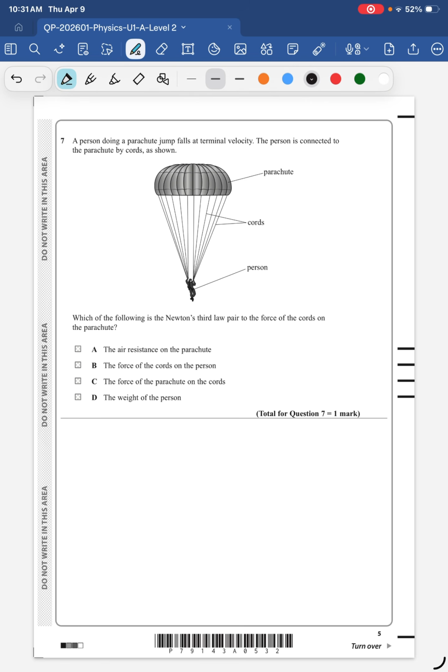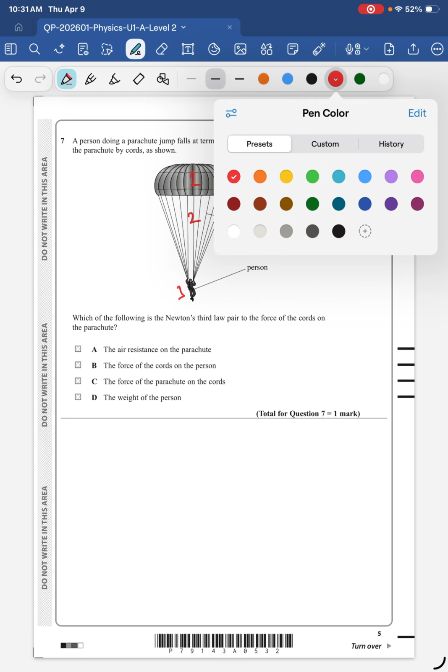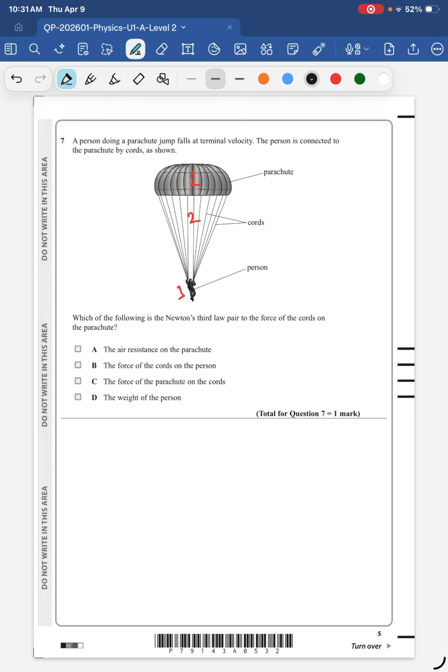Option B, the force of the cords on the person. No, because in this scenario we have three bodies. The first body is the parachute, the second is the cords, and the third is the person. So option B has to do with the person, so it's irrelevant to us. Then option C, the force of the parachute on the cords, which is exactly what we need. So that's the correct answer.